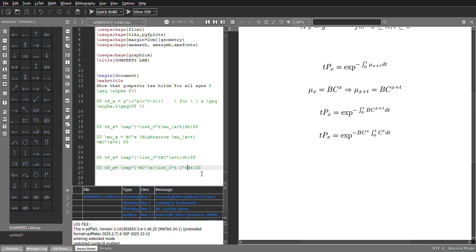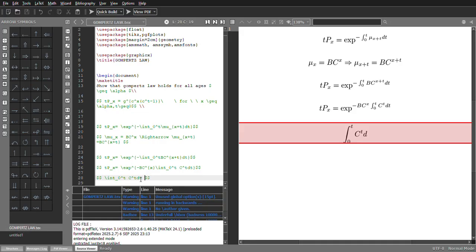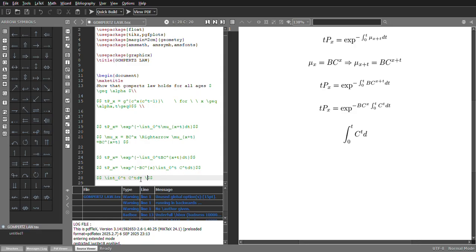Integral calculus states that when we are integrating this, we use our tables and we get that this is given by c raised to t, all over log c.